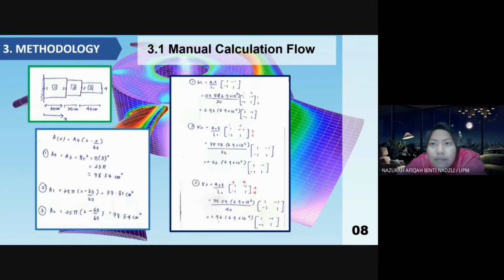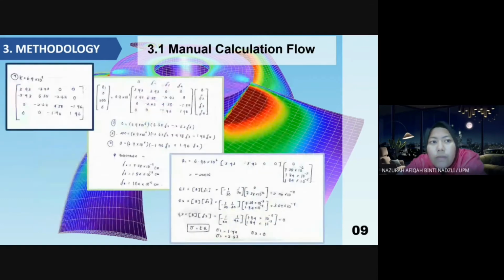Next, after we calculate the K1, K2, and K3, we combine K1, K2, and K3. We substitute into the one matrix. Then we substitute the values into the formula, which is force equals K times displacement. Then after we substitute, we solve it, and we get the displacement of node 2, node 3, and node 4.